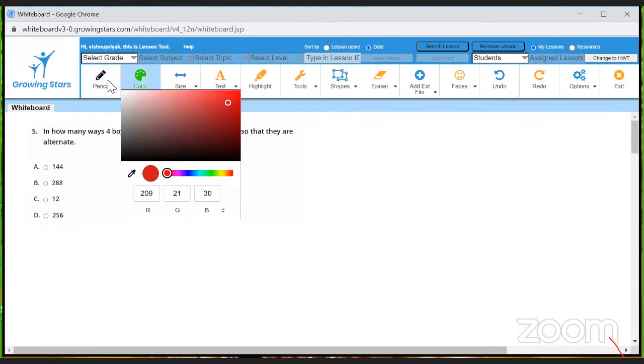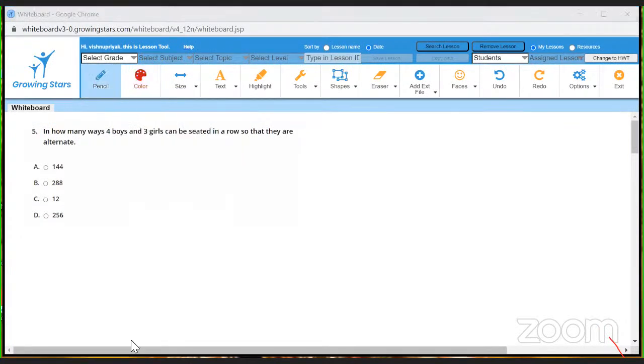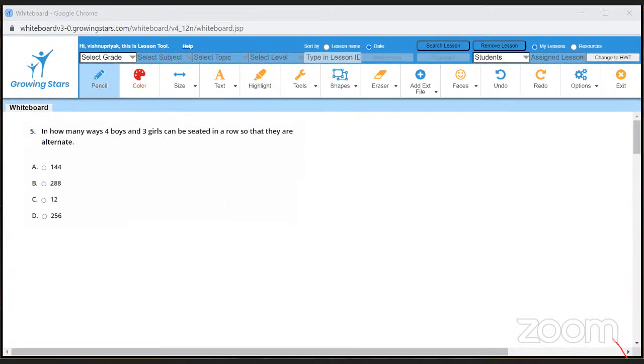Okay, here is the next question. In how many ways can 4 boys and 3 girls be seated in a row so that they are alternate? I think this question already we did.